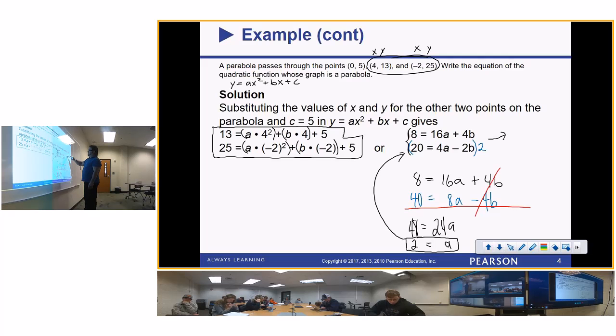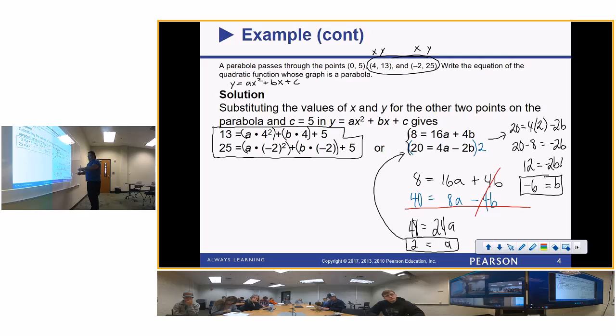So 20 is equal to 4 times A, which is 2, minus 2B. 20 minus 8 is equal to negative 2B. 20 minus 8 is 12. 12 is equal to negative 2B, and B is equal to negative 6. Now you've got A, B, and C.